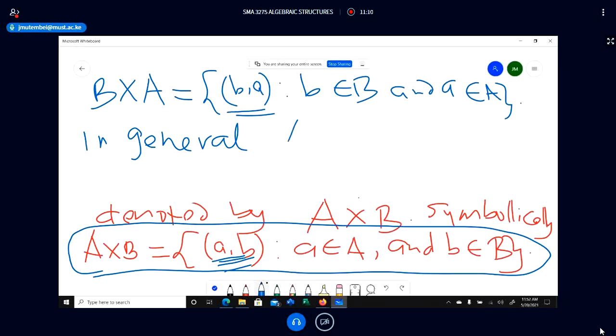In general, A cross B is not always equal to B cross A.